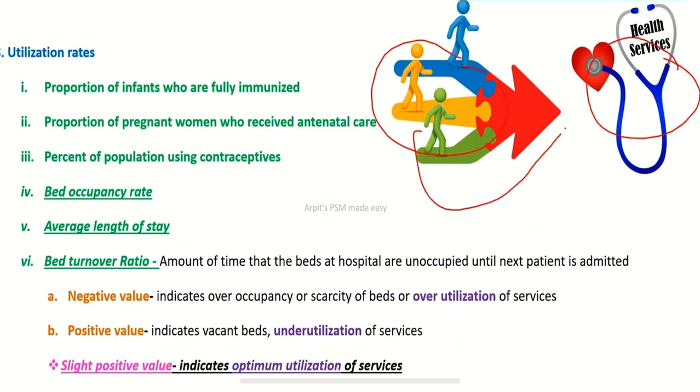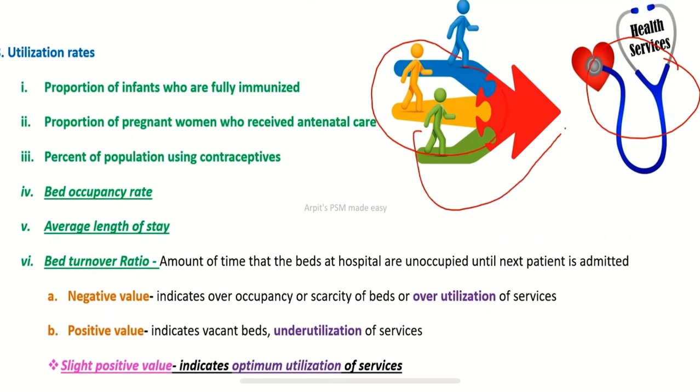So these utilization rates also help us to understand the availability and accessibility of the health services. They also include the attitude of the individual towards his health and the healthcare system.